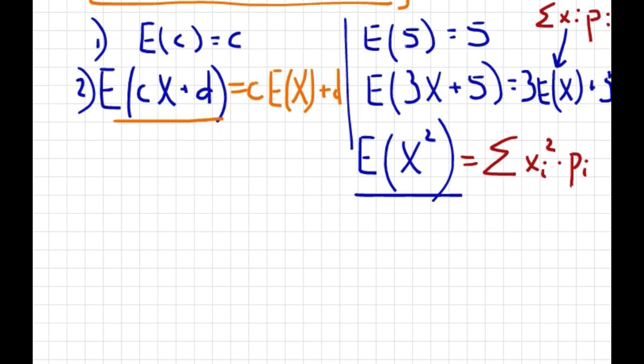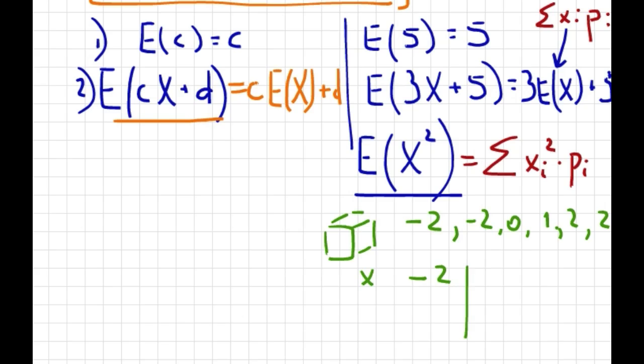And let me give you a small example of that. So, let's say we would have a dice. And instead of having values of 1, 2, 3, 4, 5, 6, our die would have values of -2, -2, 0, 1, 2, and 2. So in that case, our possible values of x are -2, 0, 1, and 2.